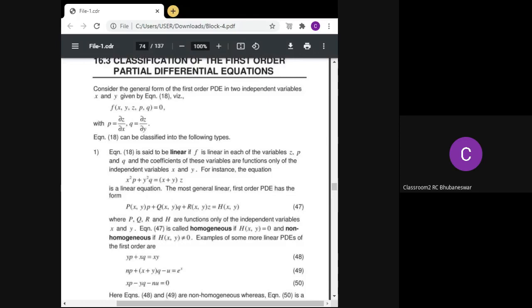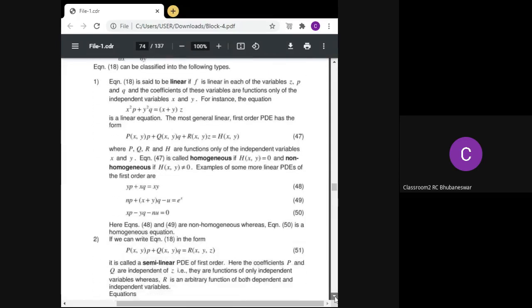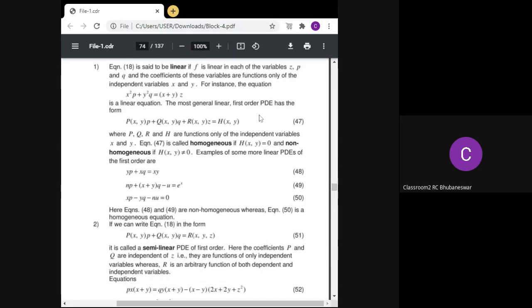That means the power of the variables z, p, q must be linear, and the coefficients of all these variables must be functions of the independent variables x and y only. According to that basic idea, we can represent the general form of linear first order partial differential equation in the following form, and it has been written in equation number 47.